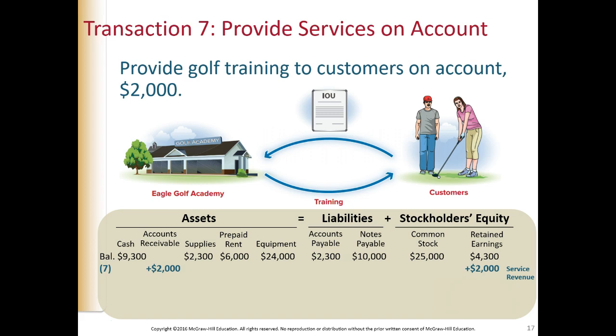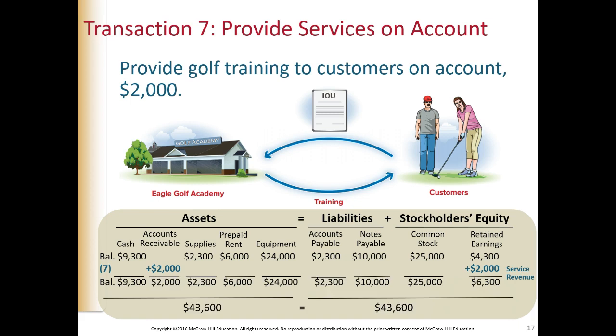And then under retained earnings, we're going to increase this $2,000. So when we do the work, whether we've collected the cash immediately or we'll collect the cash later, if we've earned the revenue, it is recorded as revenue under retained earnings. The totals still match on each side.